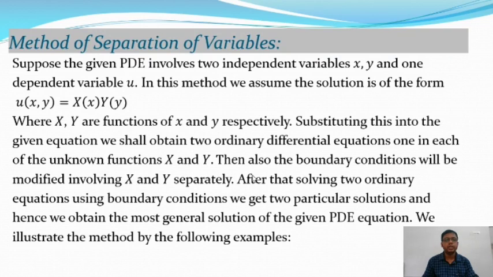Using the boundary conditions, we will get the solutions of the ordinary differential equations, and these solutions are the particular solutions. Now we multiply these two particular solutions, and from this we will get the general solution of the partial differential equation. We illustrate the method by the following examples.